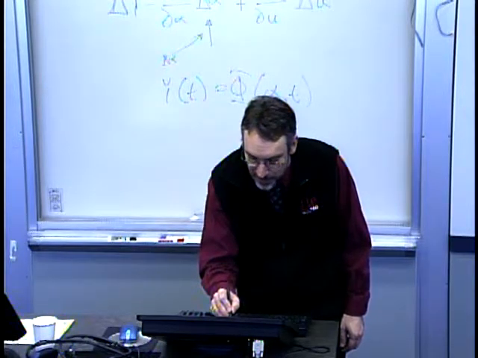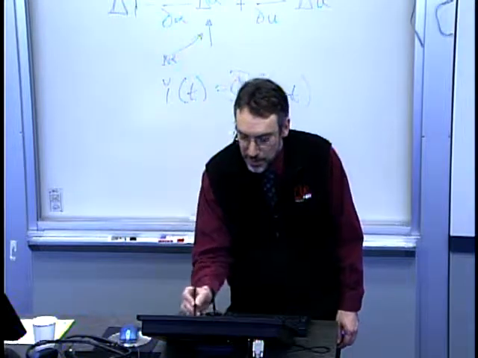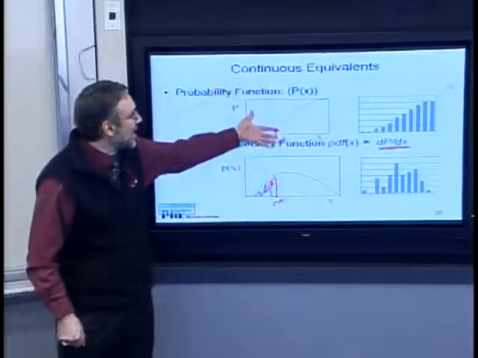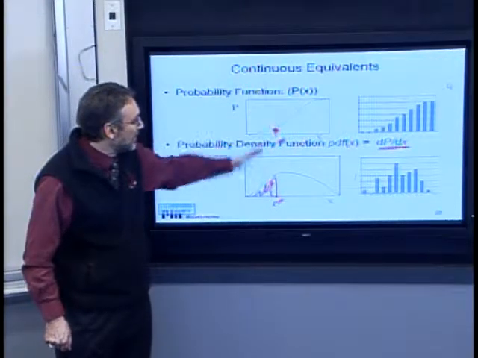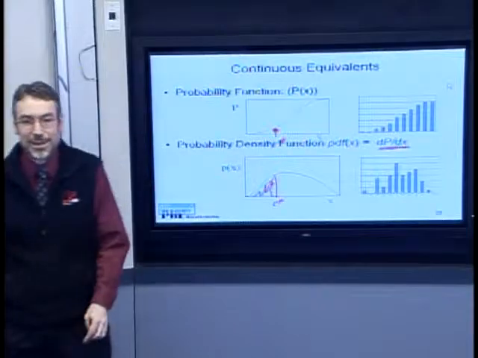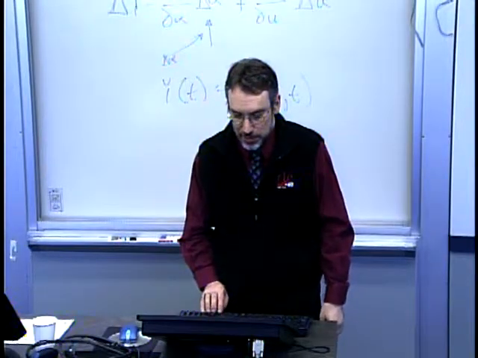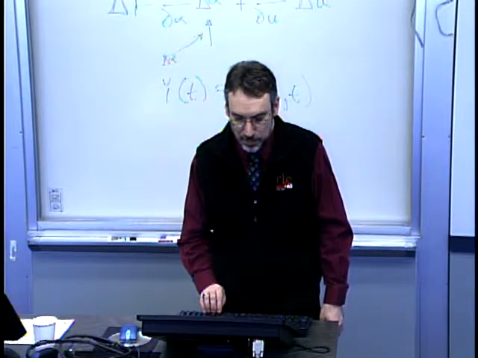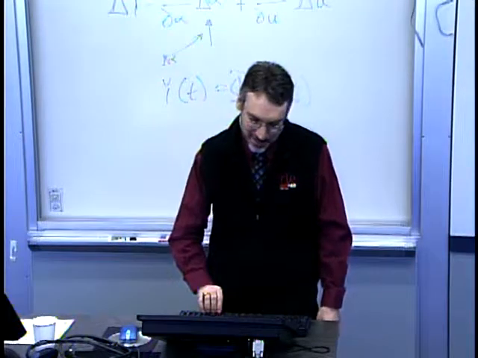And so that value right there corresponds to that. And then the inverse relationship is true as well. If I had a cumulative density function, I can differentiate that to get down to the probability density function. So these are some basic statistical concepts that you probably have seen before. Many of you have seen them in much more detail in 2.853.